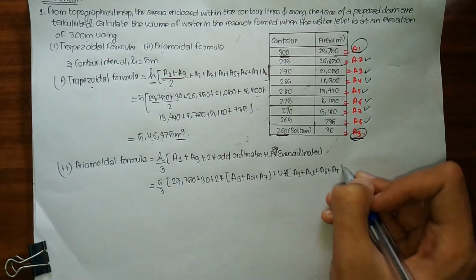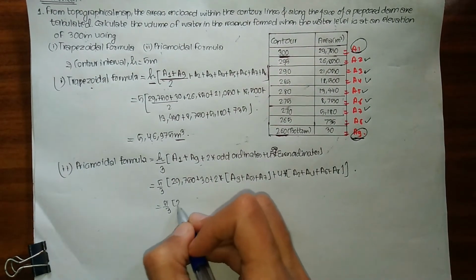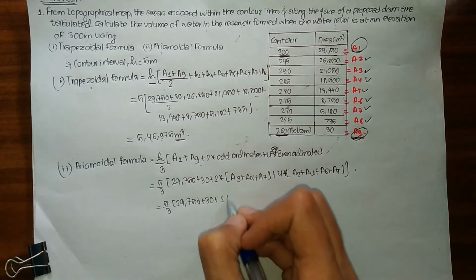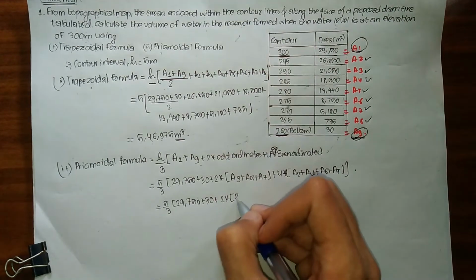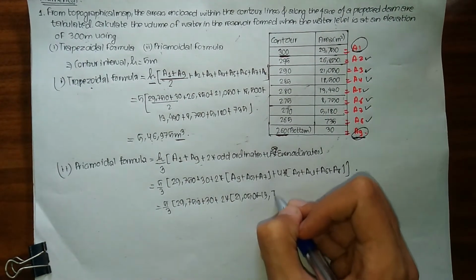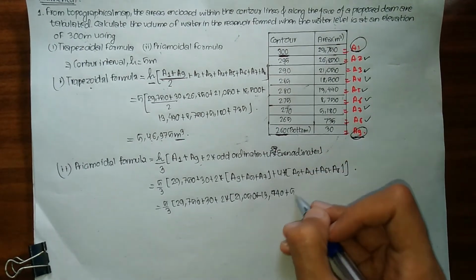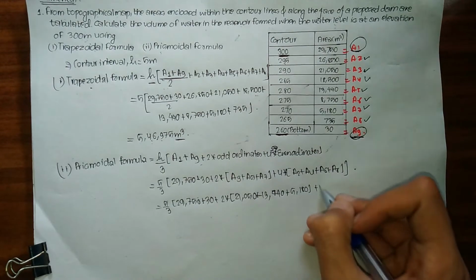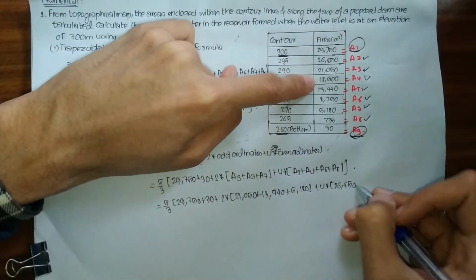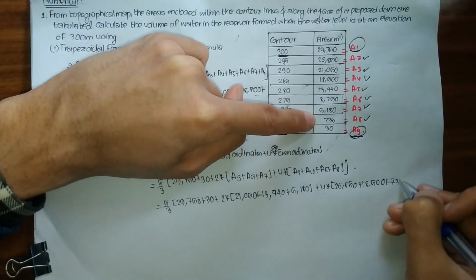So we are simply going to do this calculation, and we are going to get 5 by 3 times 29750 plus 30 plus 2 into my A3 is 21050 plus my A5 is 13440 plus my A7 value is 5180, plus 4 into my A2 value is over here 26850 plus A4 value is 18500 plus my A8 is 735.